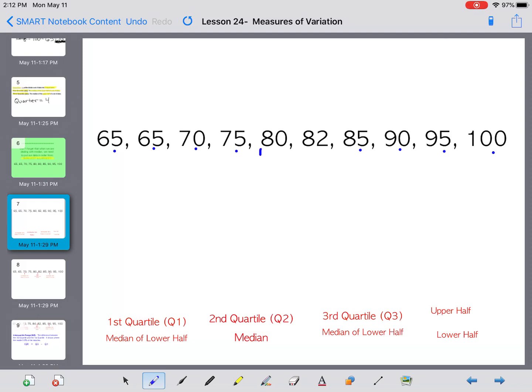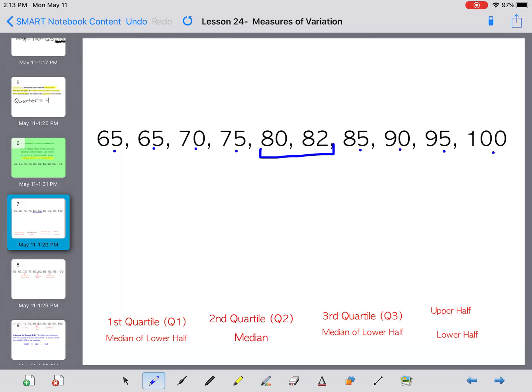Now what you're going to see is that leaves me with two numbers right here. I need to know what's in the middle or the median of them. Now you have two choices. You might recognize right away that what is in the middle of 80 and 82 is actually 81.